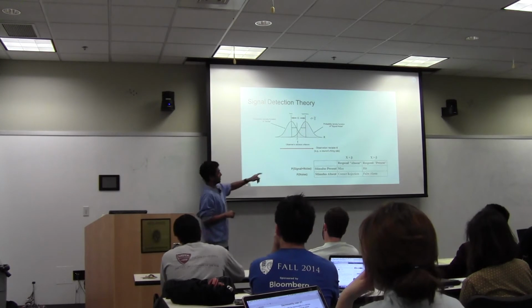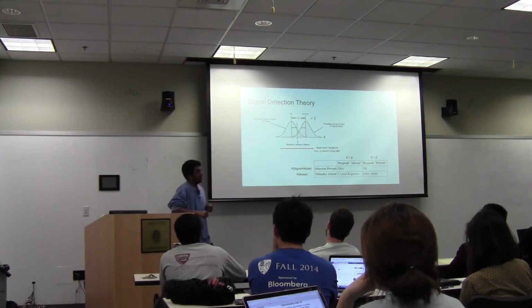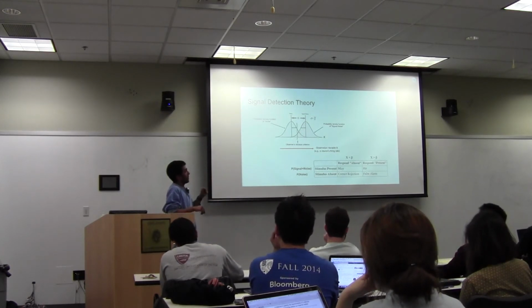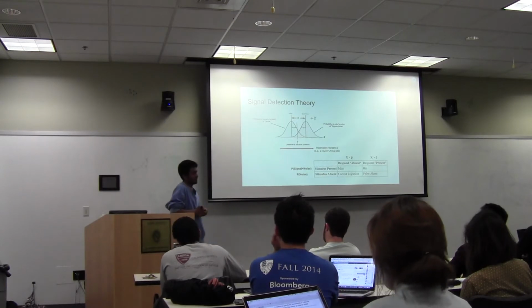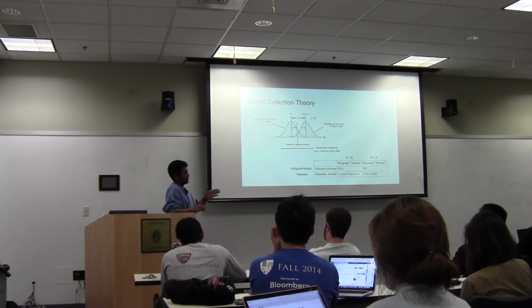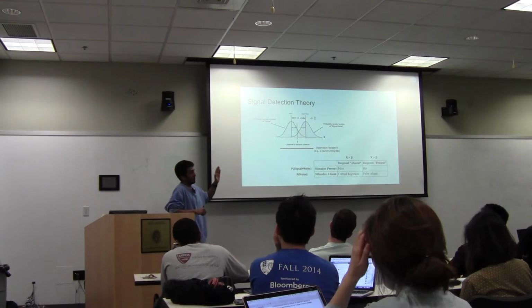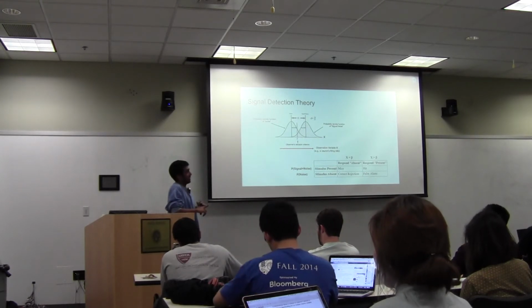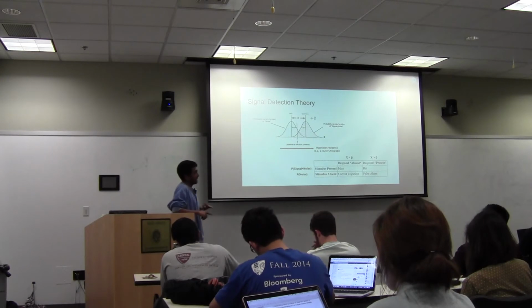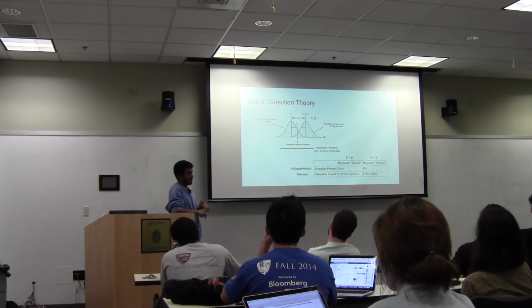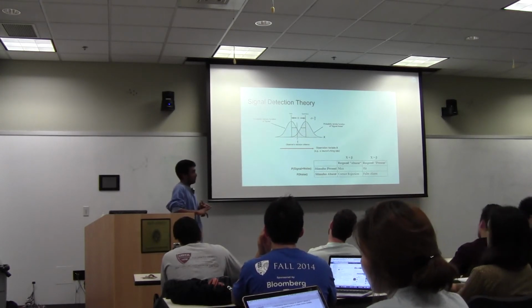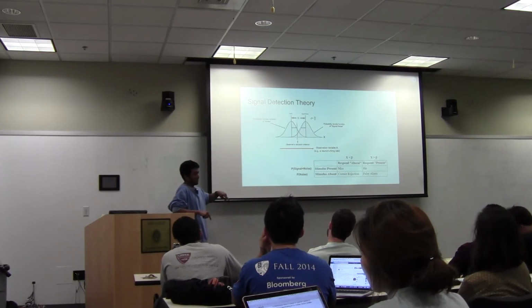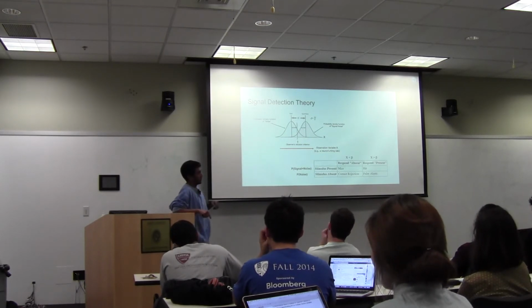And then you have this decision criteria, beta. So there are 4 possibilities for when you're trying to detect something. So let's say beta is your decision criteria. You can either correctly identify something as being the stimulus, incorrectly identify the stimulus as being present, or correctly reject the stimulus, or miss it.